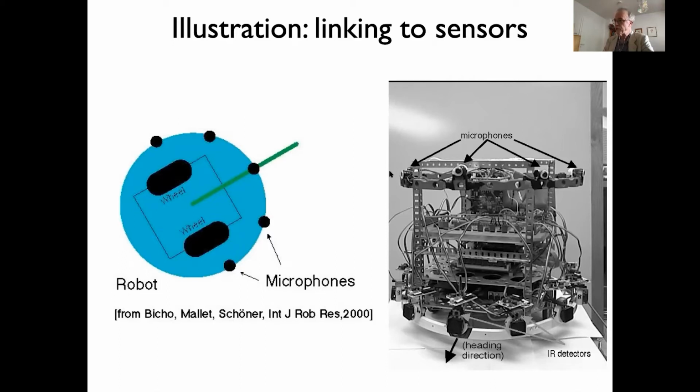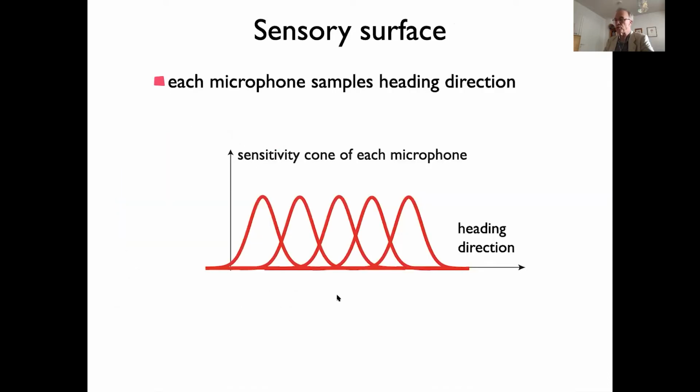And the other sensors that I'll be talking about first now are these microphones. There are 5 microphones here, and those will be the sensors that we'll use to talk about how a field is driven by input. It's a very simple picture in which each of these microphones points into a particular direction on the robot, and we'll talk about the direction in the world that contributes to. I'll elaborate that a little later.